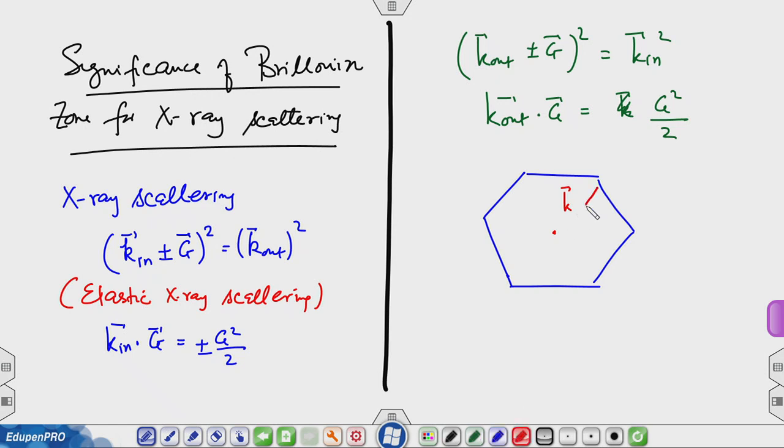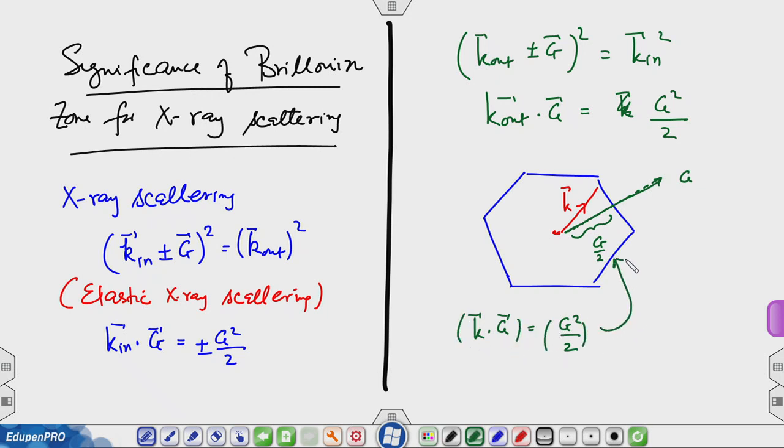The G is from here to the next cell. This is G. So, this is precisely G by 2. So, k dot G, the projection of k on G, is G squared by 2.